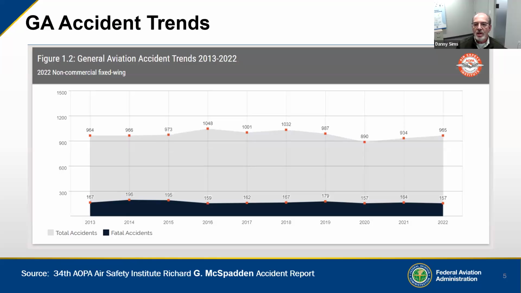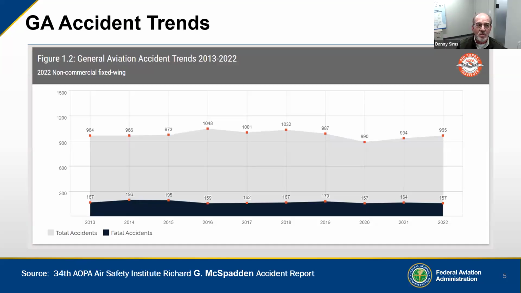But if you look over the last 10 years, and what this graph is showing is general aviation accident trends over the last 10 years, what myself and my partners here in the aviation weather branch, what we really find intriguing, fascinating, troubling, all these types of things, is how constant the number of accidents is from year to year to year, relatively.